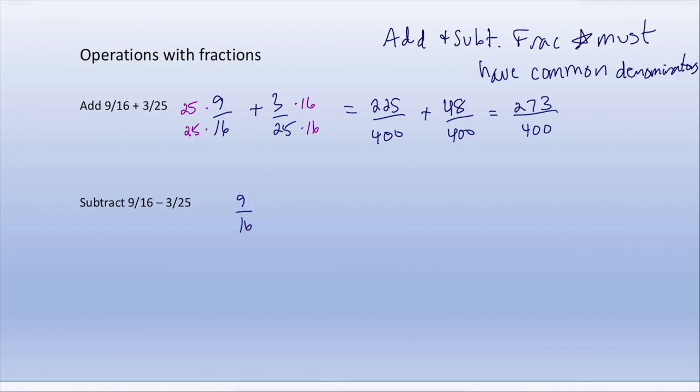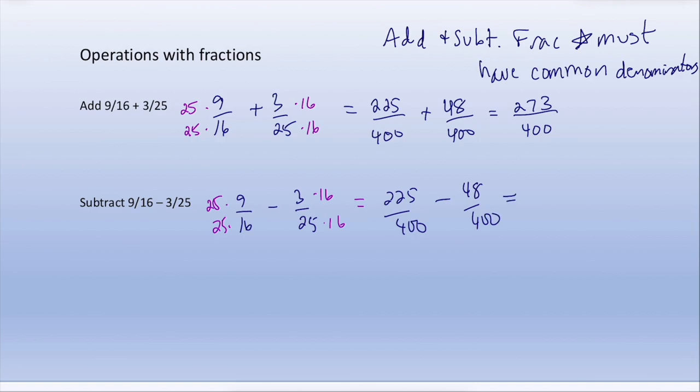Now this time it's subtraction, but it doesn't matter. We still have to have that least common denominator. So again, we still have that 16, 25, same numbers, just subtracting. So you would again multiply this top and bottom by 25, this on top and bottom by 16. We've already done the work converting them. So that's 225 over 400 minus 48 over 400.